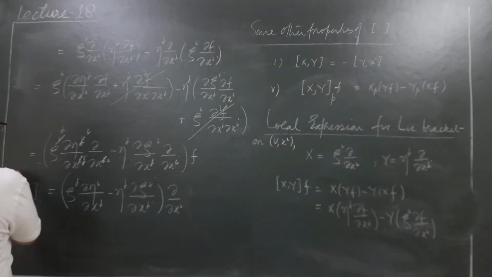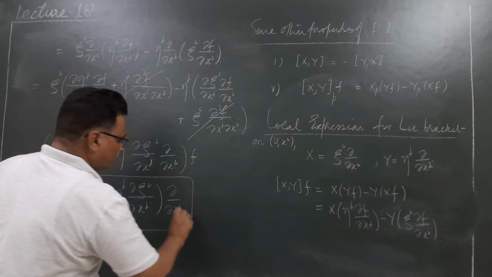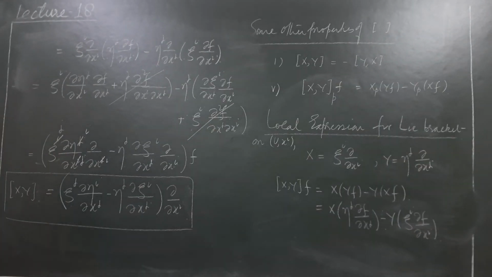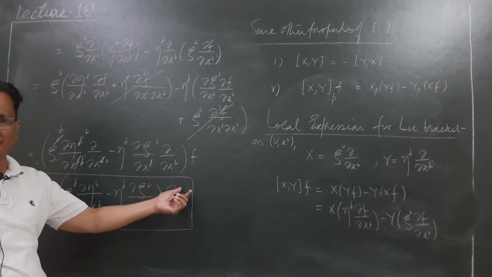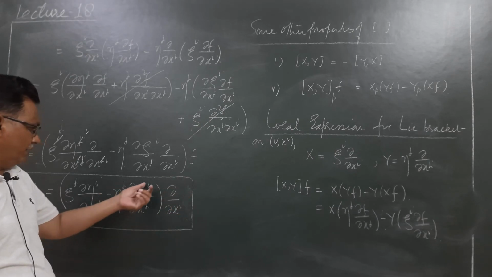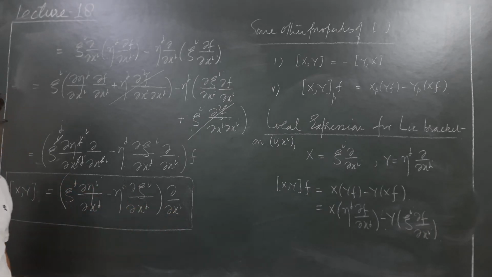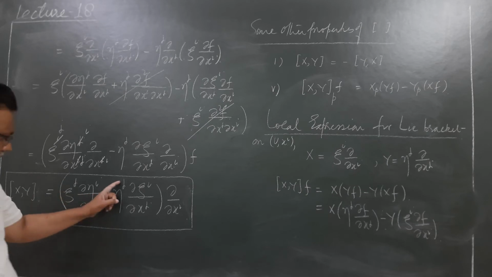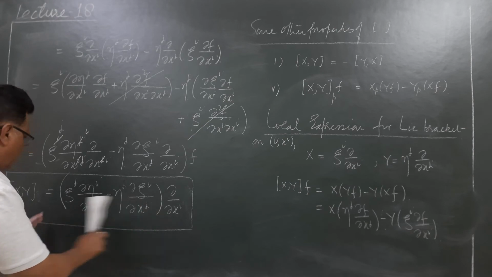So this becomes an expression, a local expression for Lie bracket XY. So any Lie bracket of XY, any vector fields X, Y, is always equal to some functions times del upon del x^i with dummy index. This is a dummy index, this is also a dummy index, so its summation is only up to here, and the summation over i is outside.